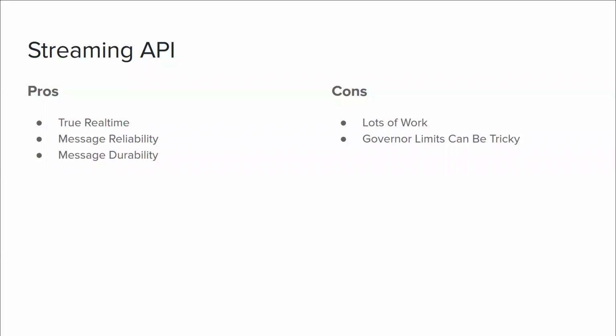And some of the governor limits can be tricky. Primarily, the governor limit that comes to mind here is the length of your streaming query. There's a set limit for the length of your streaming query, and if it exceeds that length, you can't run it.